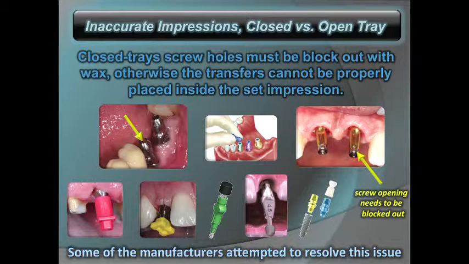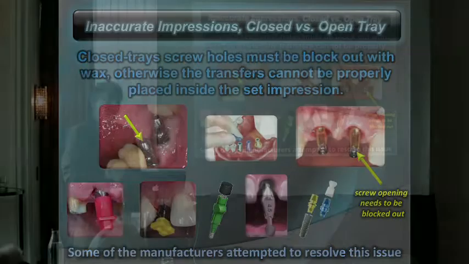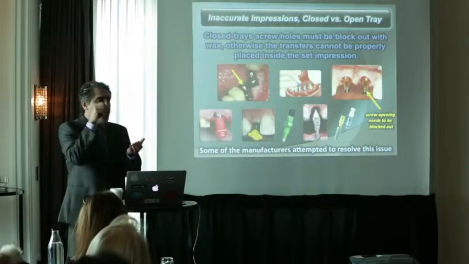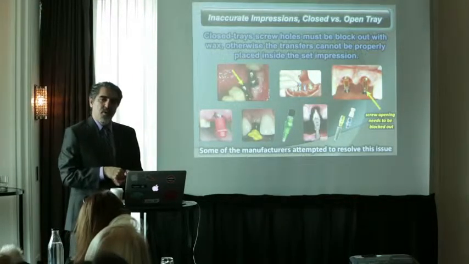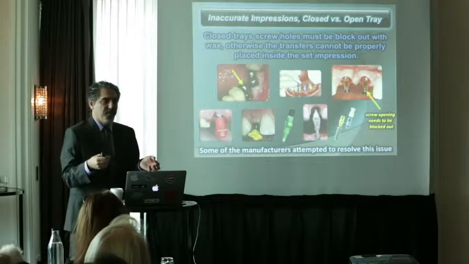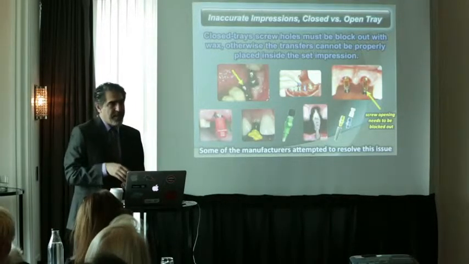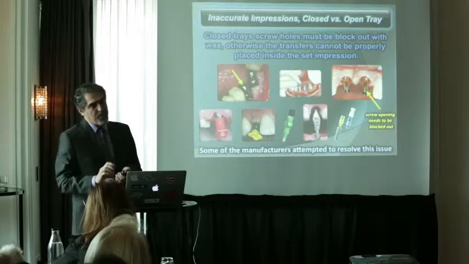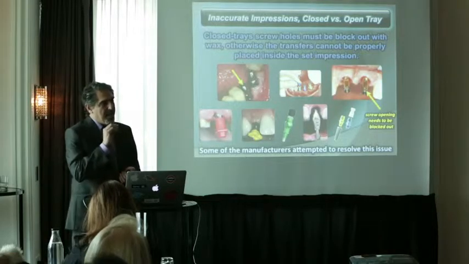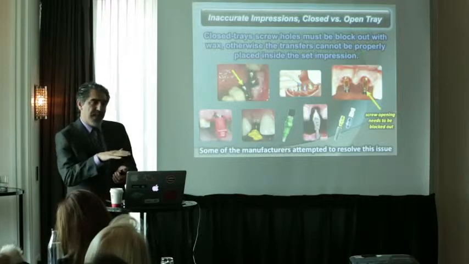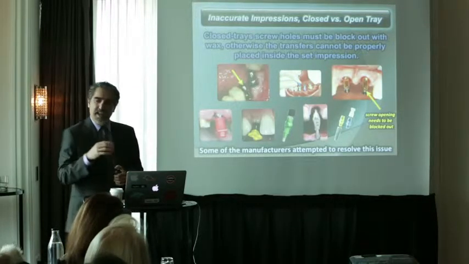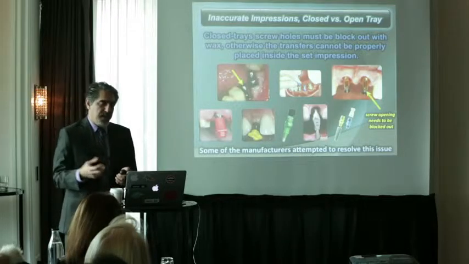If you don't fill that spot for the screw, later when you take the impression and want to put the impression coping inside the impression, it's not going to go 100% inside that impression material. So definitely your position is not going to be 100% accurate. Make sure that when you are using the closed tray impression coping, for sure use a little piece of wax, you cover that screw access, and then by doing that, there won't be any problem.